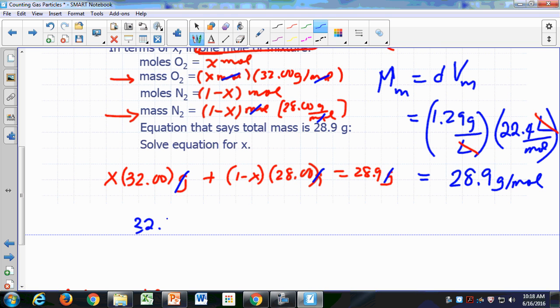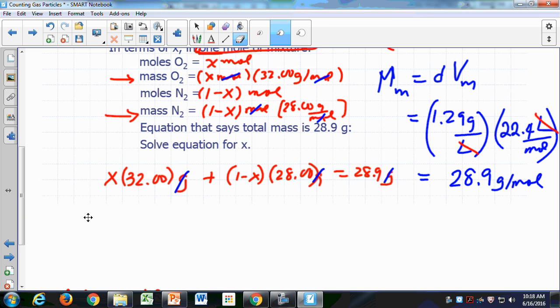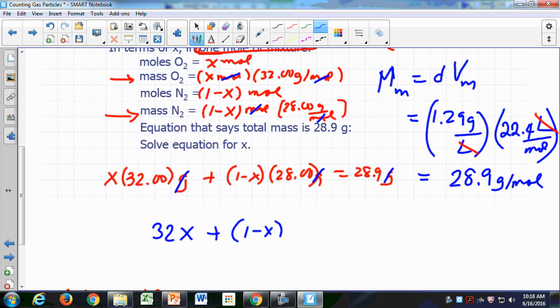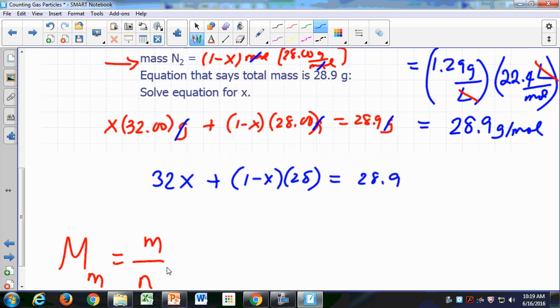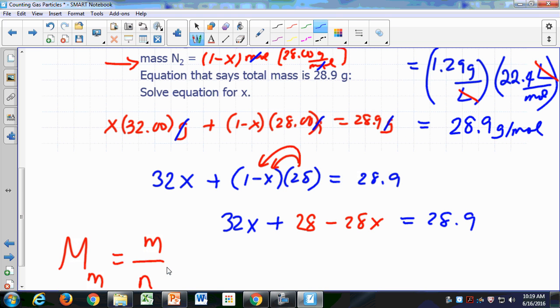So 32.00X, I'm going to drop the decimal to make this easier to read. So 32X plus 1 minus X times 28 must be equal to 28.9. Now I can solve for X. Let's see, 32X plus, distributing, 28 minus 28X equals 28.9.